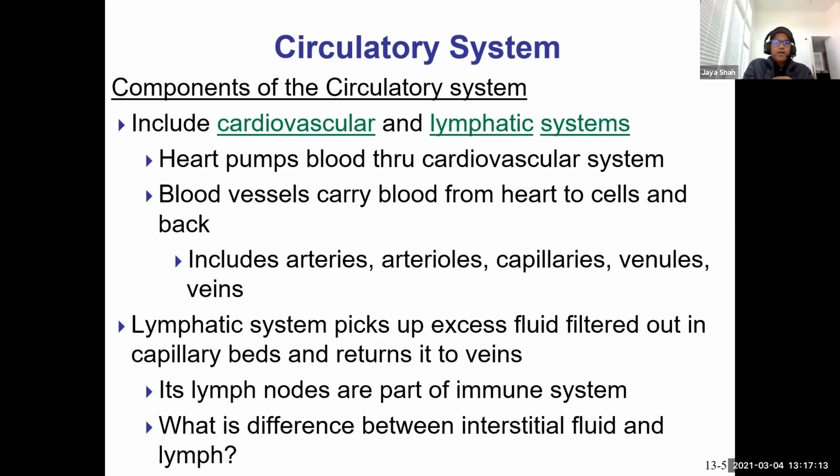Okay. Lymph nodes are parts of the immune system. So on the way of the lymphatic vessel, there are lymph nodes and they carry white blood cells. They fight infection if there is any microorganism, and that is part of the immune system. Okay. So what is the difference between interstitial fluid and lymph?